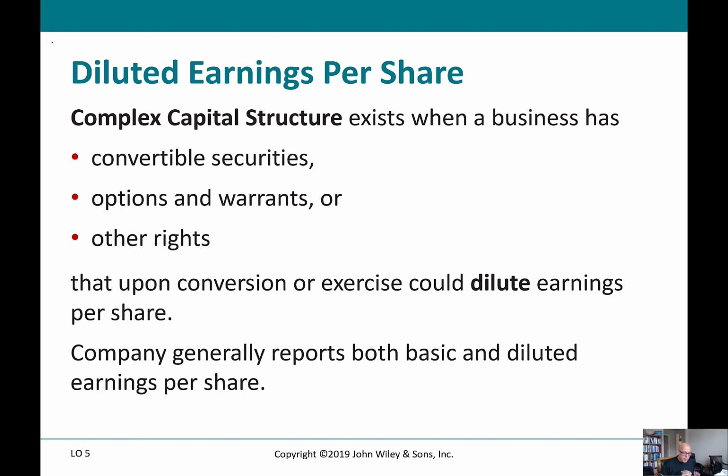And again, the important thing, well, it's all important and it's kind of rules based as to how we do this, but don't forget, because it's an easy mistake to make, only report those conversions that are dilutive, that bring the earnings per share below the primary or basic earnings per share.